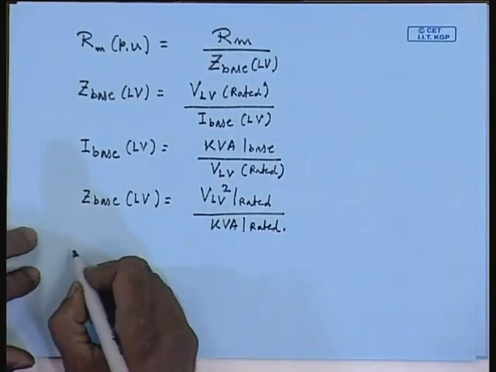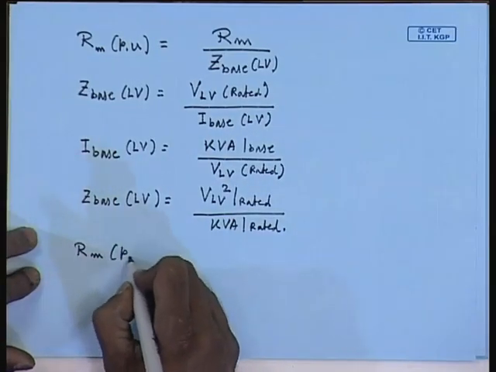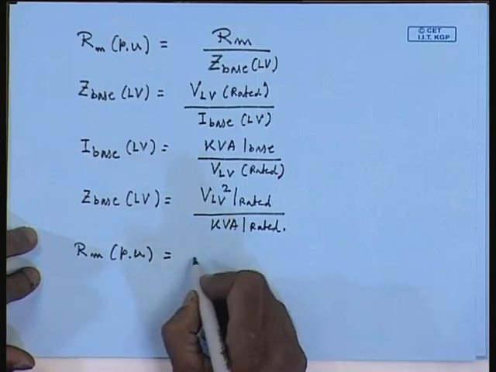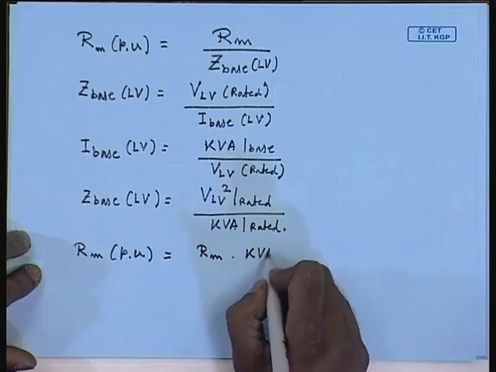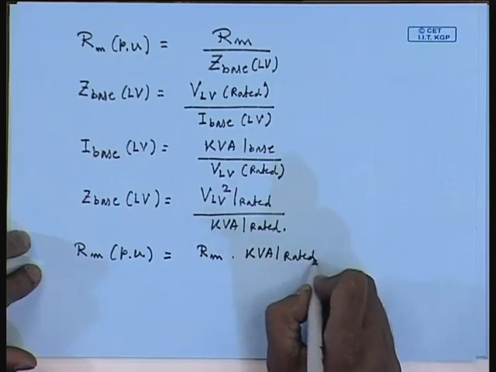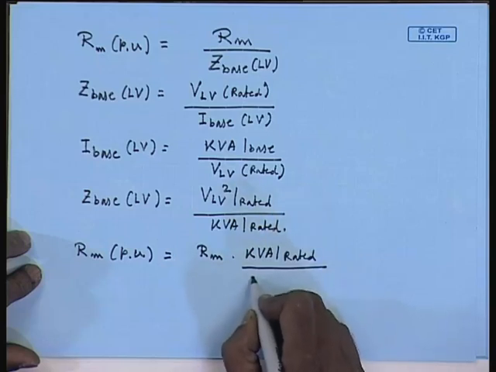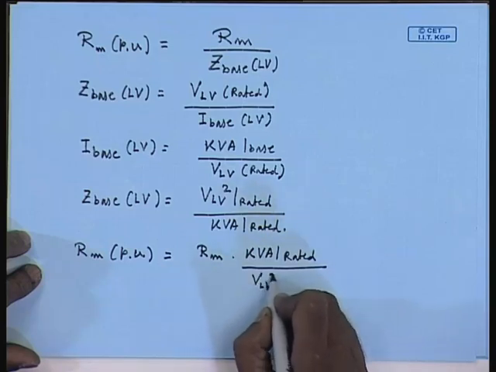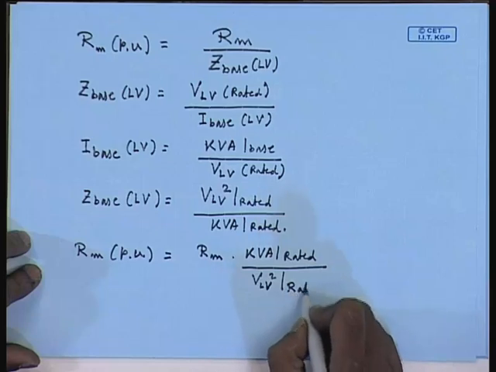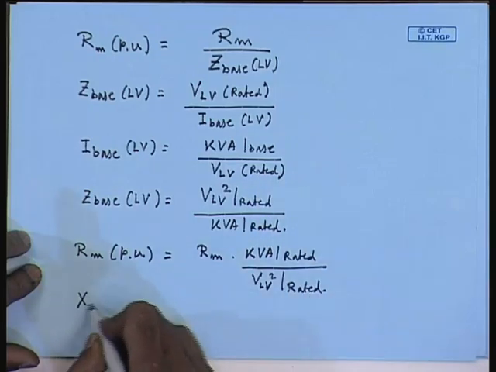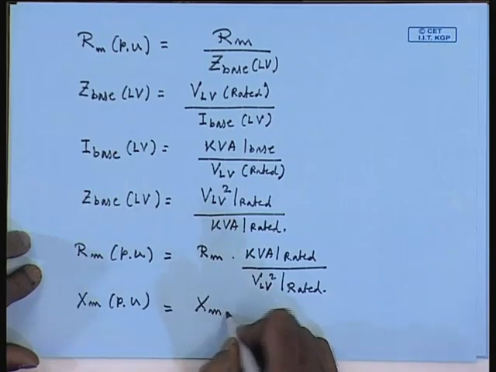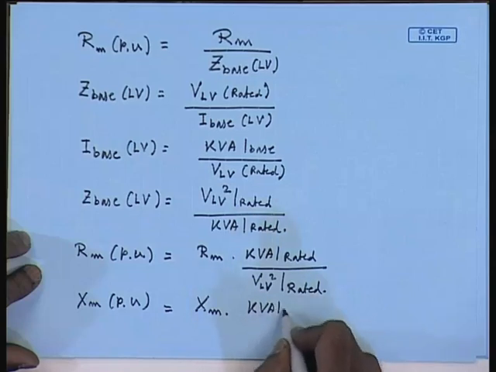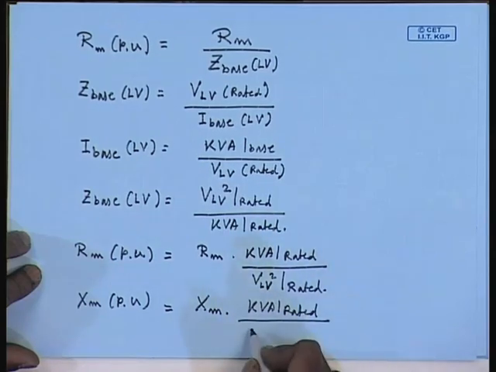Hence Rm per unit will be equal to Rm into rated kVA of the transformer divided by rated LV voltage square. Similarly, Xm per unit will be Xm into rated kVA of the transformer divided by VLV square rated.